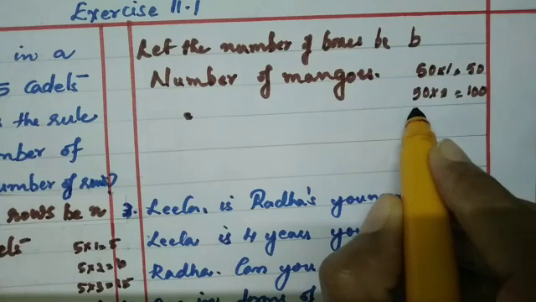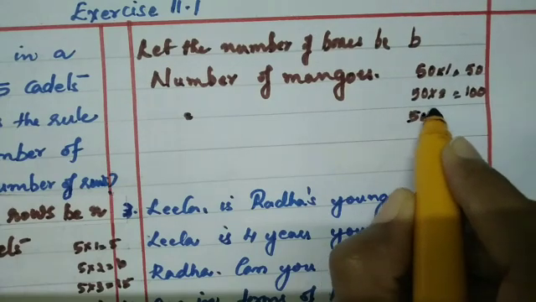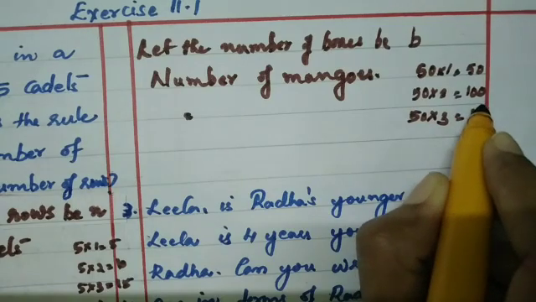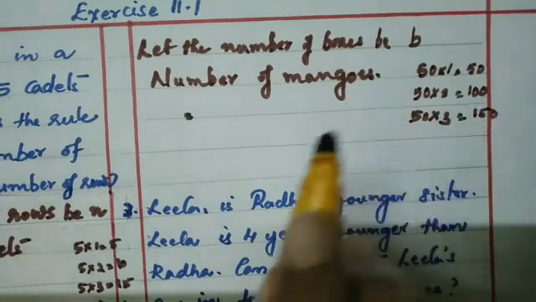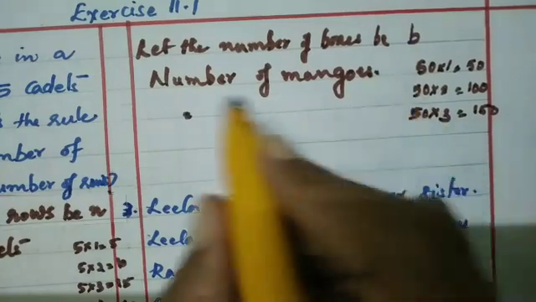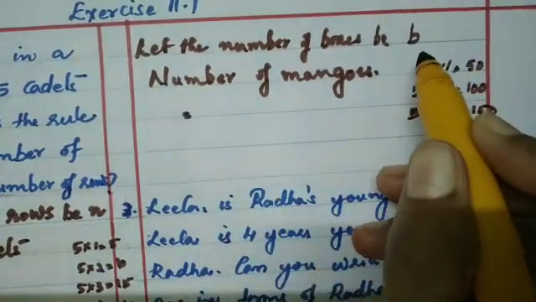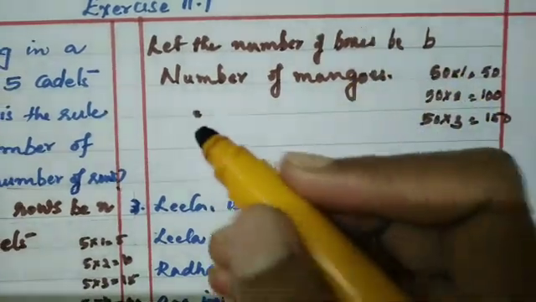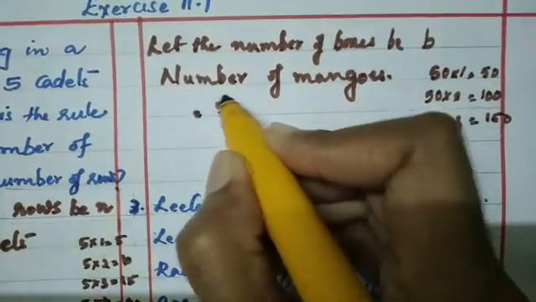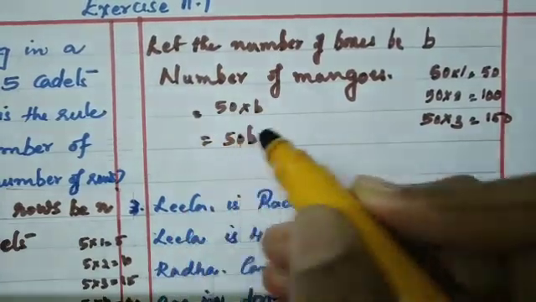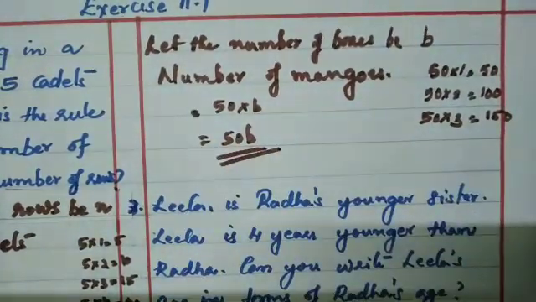For 3 boxes 50 multiplied by 3 is 5 3s are 15, 150. Okay, that goes on. So here the number of boxes represents the variable b. And you write 50 multiplied by b, or you can write it as 50b without the multiplication sign.